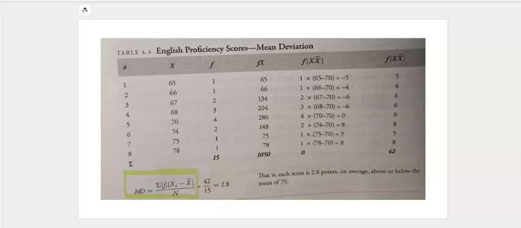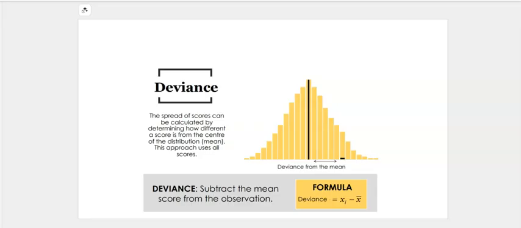Okay. So mean deviation is the way you know how much they deviate from the mean score. And then the deviance means the distance between the mean and each score. So you obtain that as your individual score minus the mean score.